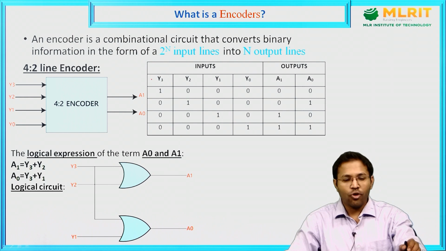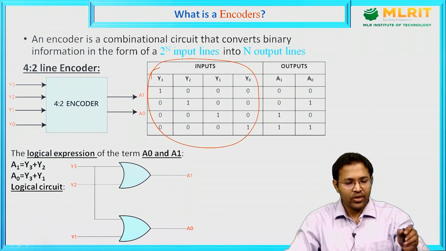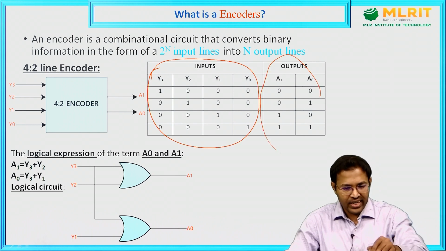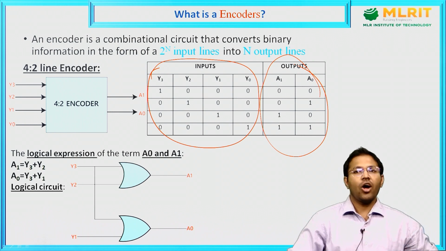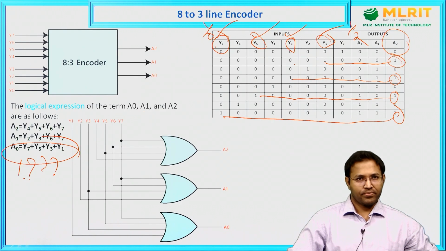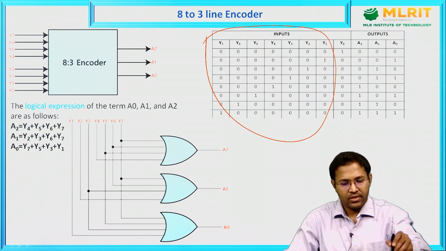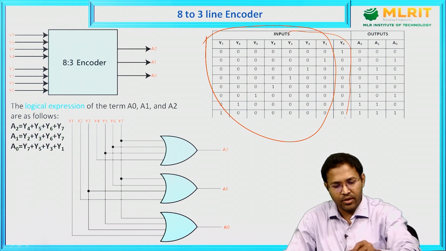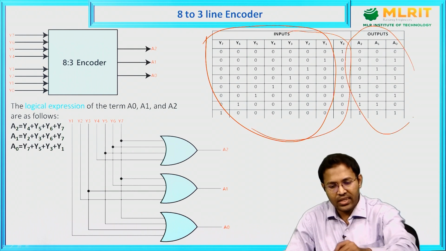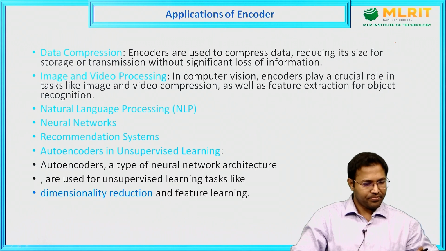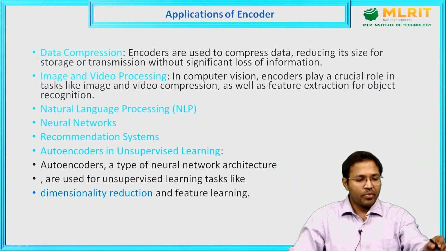Here 4 bits of input are converted into 2 bits of output, and here 8 bits of input are converted to 3 bits of output. And so primarily it is useful for data compression.